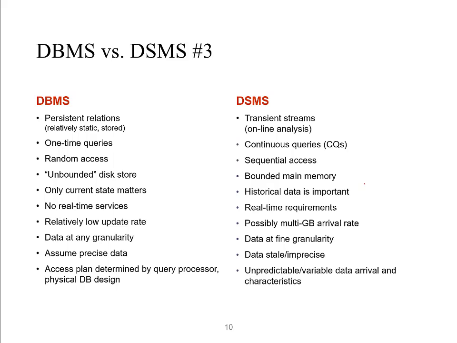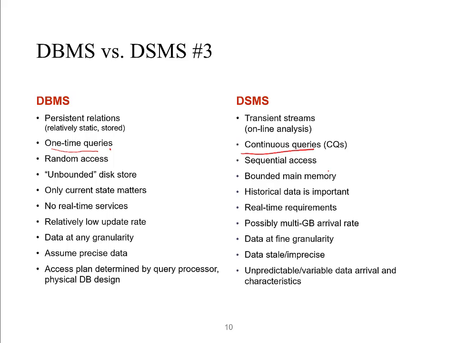So here we have these two lists, which are more comprehensive. For DBMS, we have persistent relations. For DSMS, we have transient streams. We have one-time queries in DBMS, but continuous queries in DSMS. Random access versus sequential access.